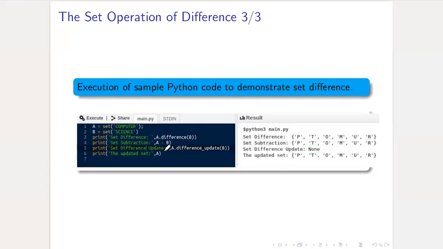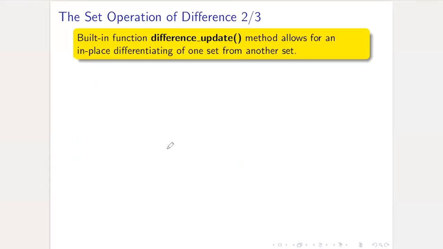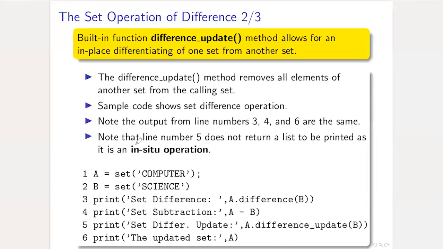So that is the difference update behavior. It is called an in situ operation, which means the variable is affected right then and there, in situ. The variable is updated. So remember this behavior difference for the particular method call.